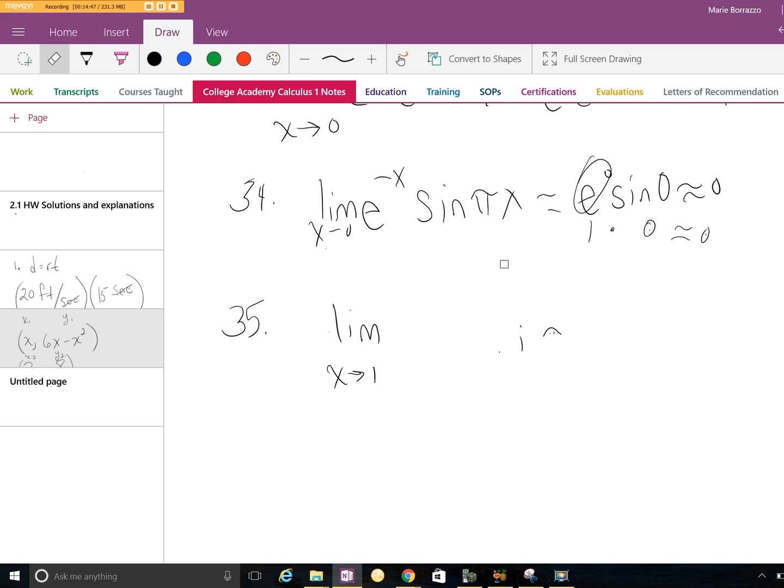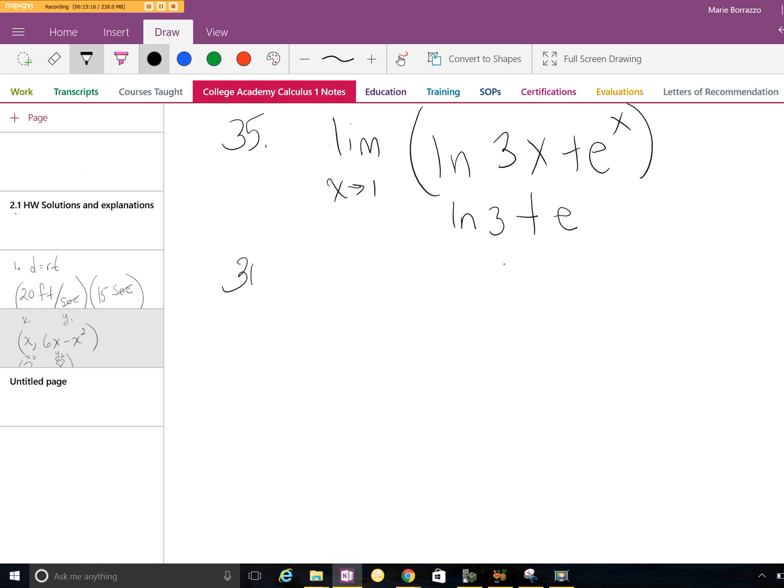You think I could copy the right thing, right? Alright, 35. So yes, it is the limit as x approaches 1, but this is actually the natural log of 3x plus e to the x. Alright, so if I substitute in 1, I'll end up simplifying this to natural log of 3 plus e, since e to the 1 is just e. We'll leave it at that. That is your answer.